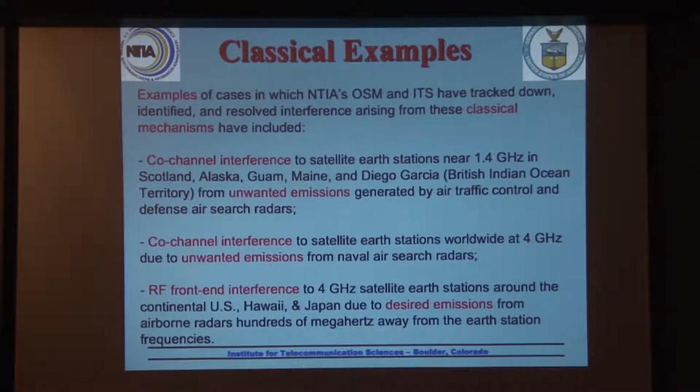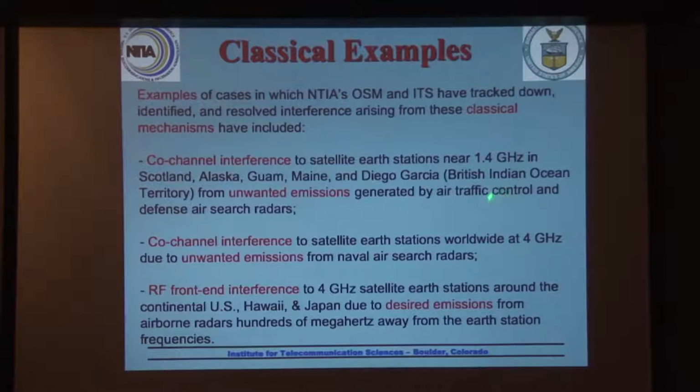Now, just some classic examples that have involved co-channel and RF front-end overload interference that we've looked at over the years. Many years ago, there were satellite Earth stations that were located in Scotland, Alaska, Guam, Maine, Diego Garcia, which is in the middle of the Indian Ocean. And they were operating near 1.4 gigahertz. They were getting interference from what turned out to be an air traffic control radar.